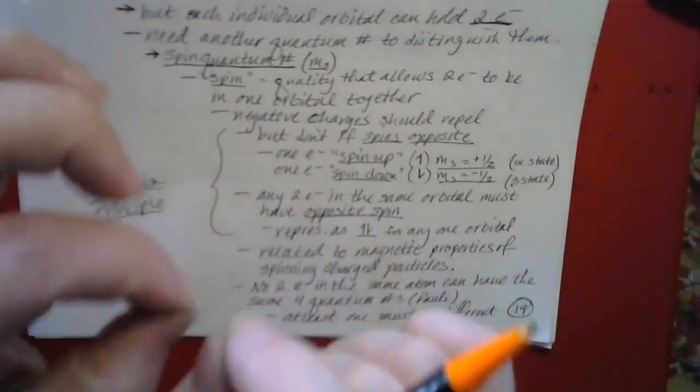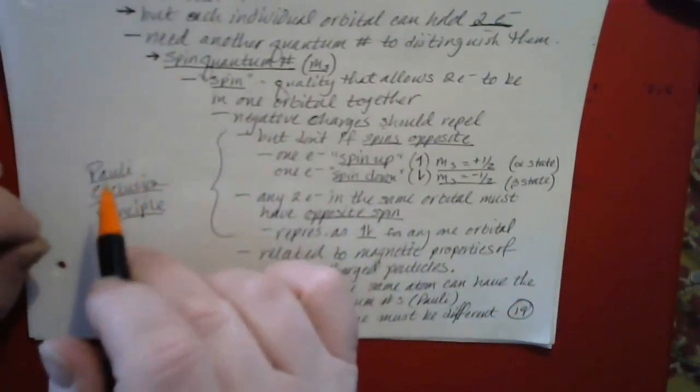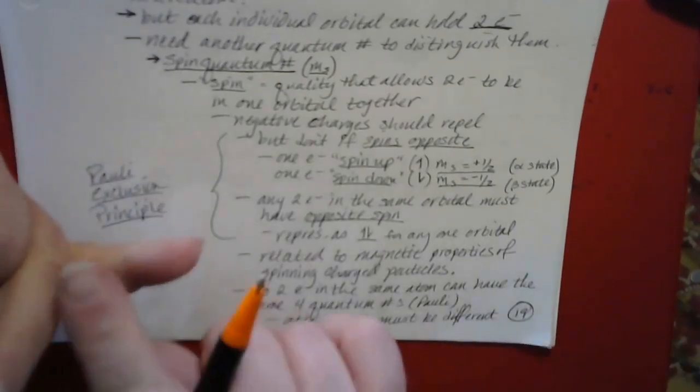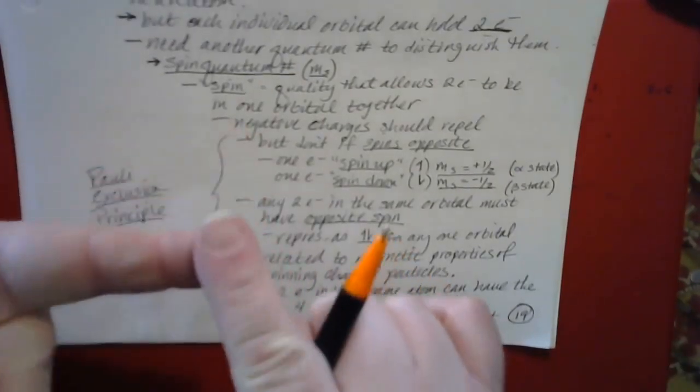Okay, so any 2 electrons in the same orbital must have opposite spin. That is the finest level detail of what's known as the Pauli exclusion principle. Actually, the big picture view of it is that each electron within an atom has a unique set of 4 quantum numbers, n, l, m sub l, and m sub s. No 2 electrons in a given atom will have all 4 of those quantum numbers being the same.